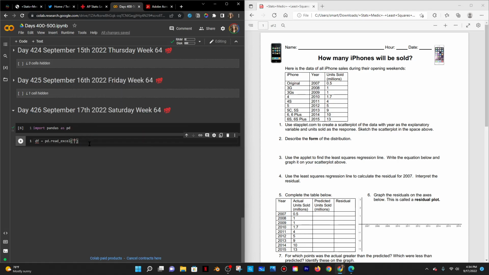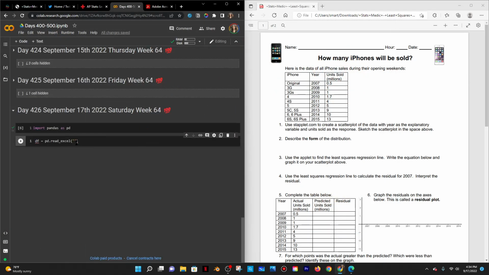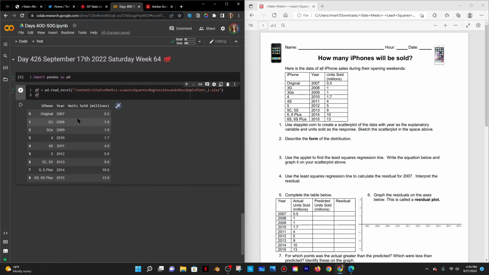And then I'm going to put quotations, and go to the folder and actually upload that file into here, and then copy the path when I right click on the little dots and just paste that in there. And then if I run that and I do df, here's the data.